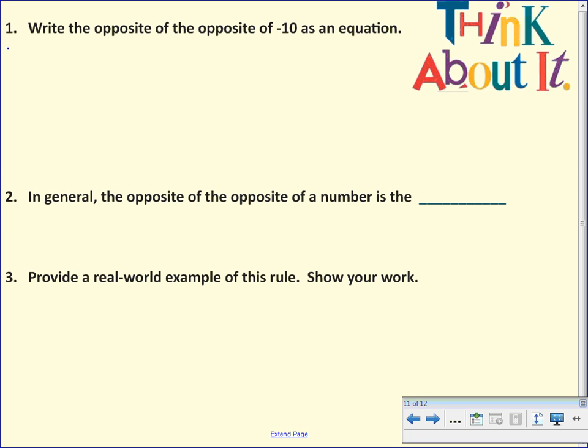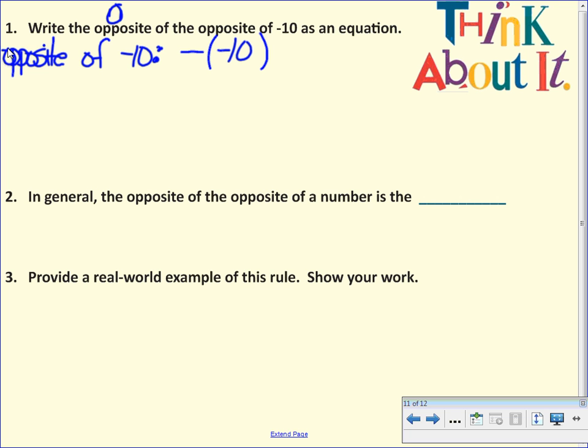So, first of all, we want to find the opposite of negative 10. So, to find the opposite of negative 10, let's write that first step as an equation. So, here, I'm doing my first step. The opposite of negative 10, that means opposite. Opposite of what? Negative 10. So, that was my first step. So far, so good?